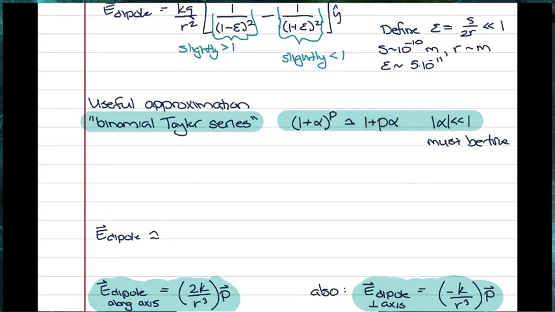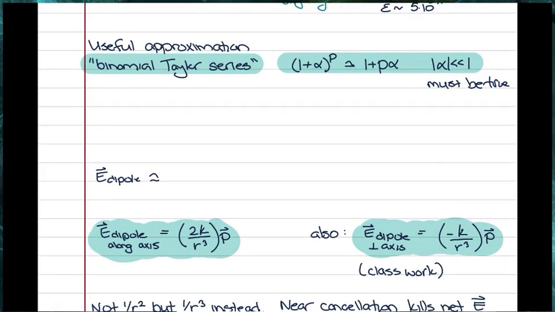So this I find, I always joke, is my favorite approximation because it shows up so much in what we do, especially with these inverse square laws, like what we're seeing right now. So this is a good one just to kind of know. And we won't worry about proving it, but using it, I do want to do right now.